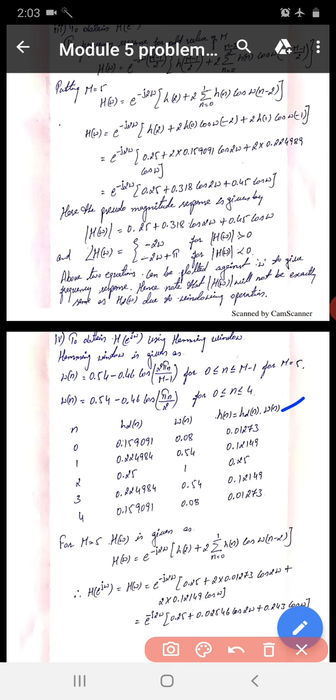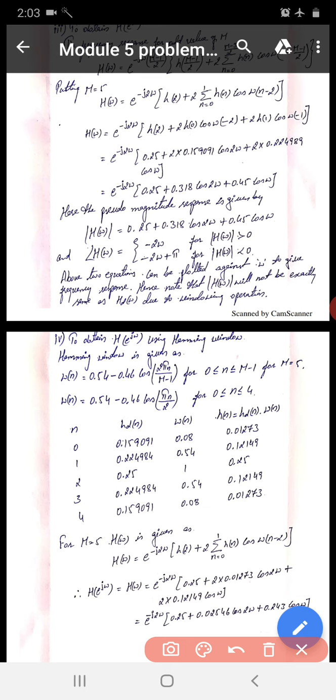In this we have to substitute for n value 0, 1, 2, 3, 4. Okay, you will be getting omega of n values, then multiply both values, you will be getting the required coefficients for the given problem.